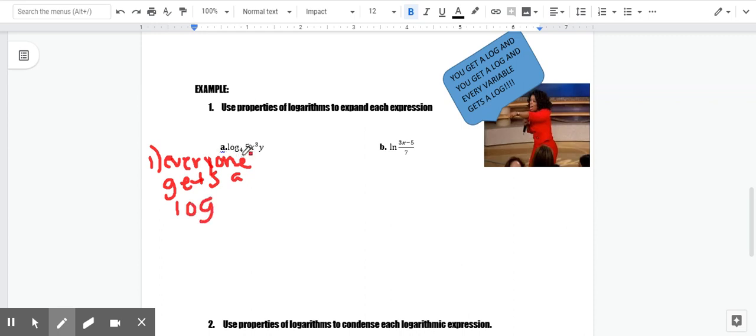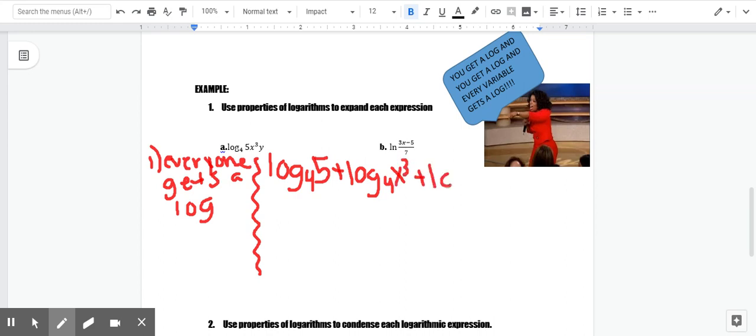So since we're using log base 4, we want to keep with that. And we're going to do the log base 4 of 5 plus the log base 4 of x to the third plus the log base 4 of y. So I expanded it out fully. The next thing we want to do, so step 2, bring exponents in front.